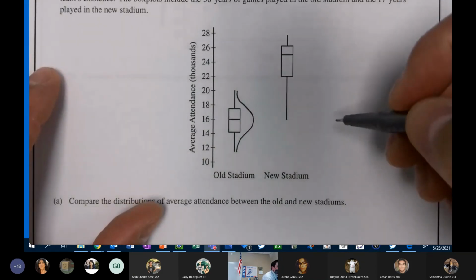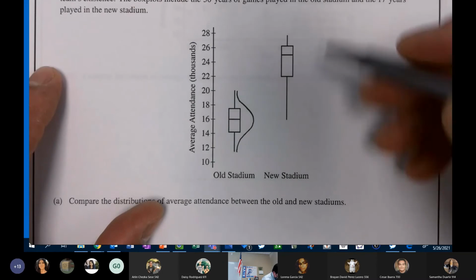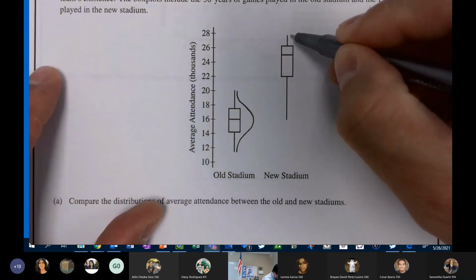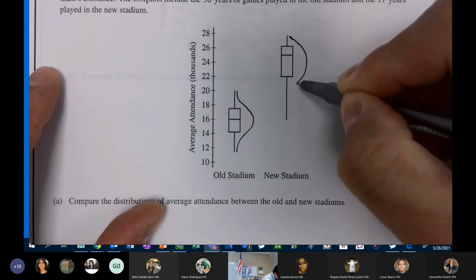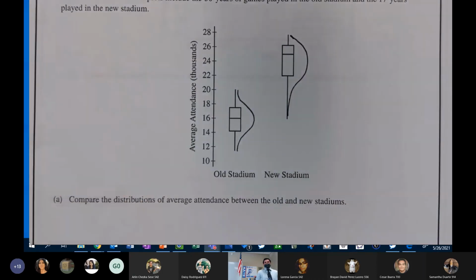Compared to the new stadium data that is much more spread out, that we would expect maybe to look more like this, which would be more skewed. It does have a tail to the right. Well, actually, that would be left skewed if we were to draw it horizontally because of the way their data is going. Either way, that's not very important to the comparison.